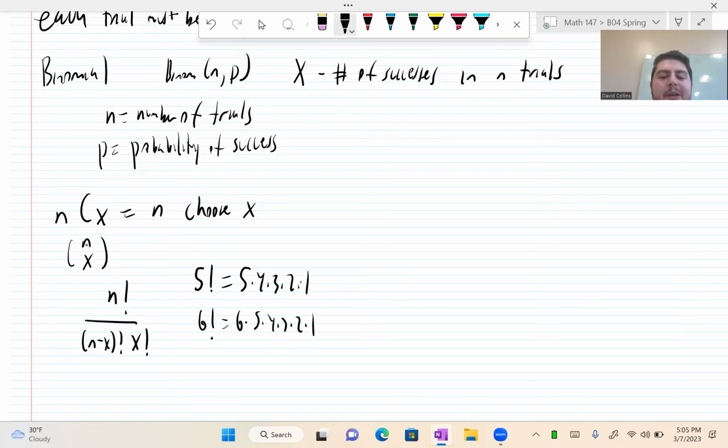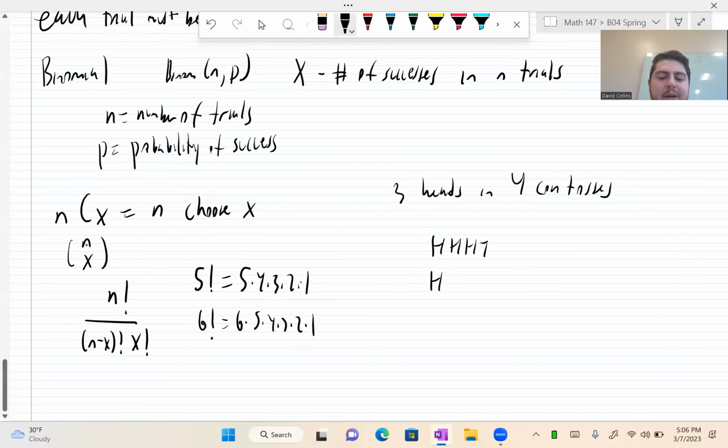Now, what does this mean? Let's say we want to find 3 heads in 5 coin tosses. Actually, let's make it 4. So you can have head, head, head, tail; head, head, tail, head; head, tail, head, head; tail, head, head, head.